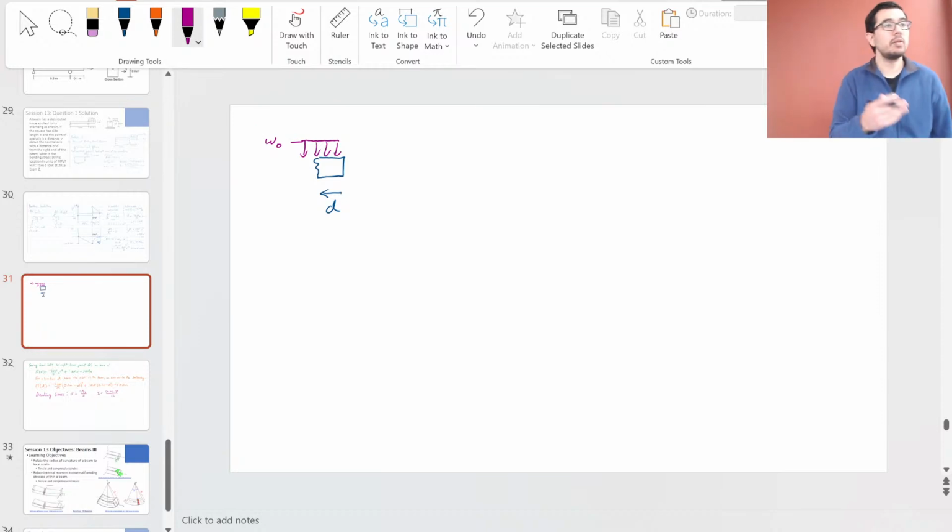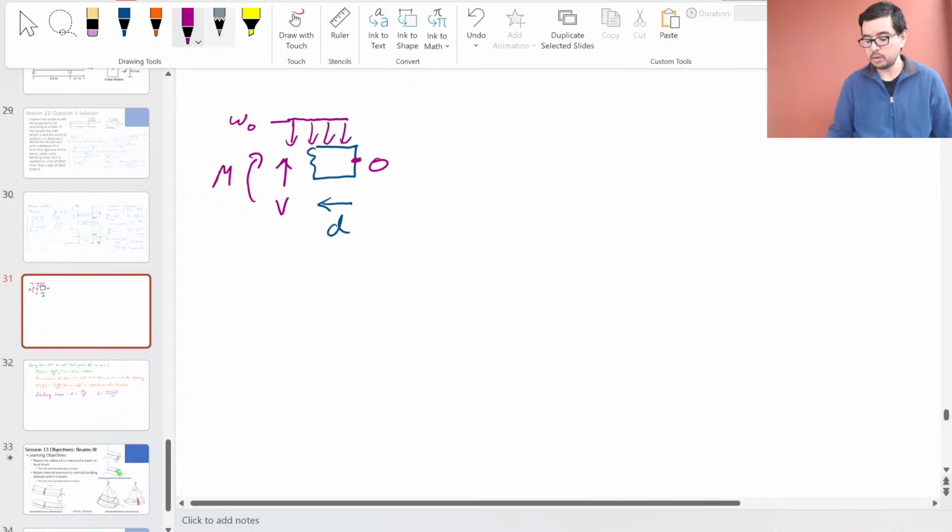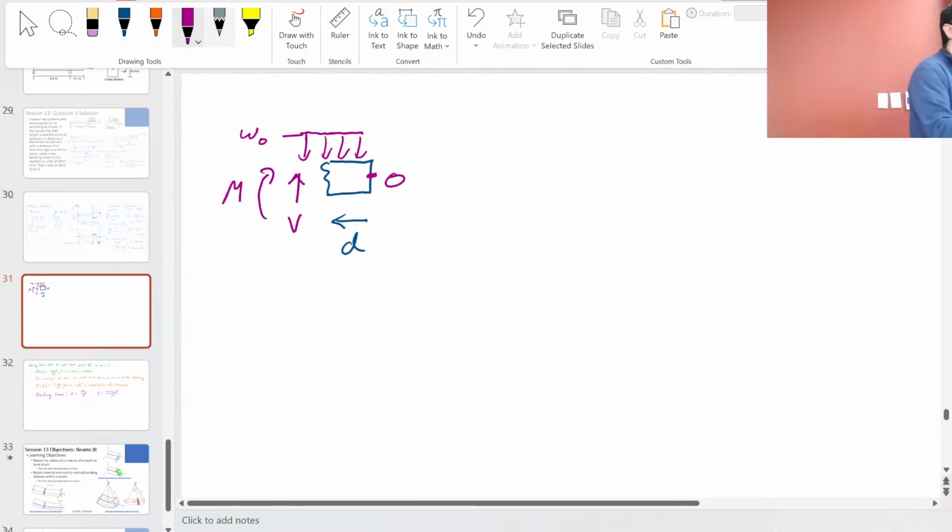So if we do our equilibrium at this location, O, we're going to draw a V, we're going to draw an M, like we see there. Okay, we're going to draw these. We agree with these conventions for the V's and the M's. Okay, so if we do equilibrium in the y direction, what is V equal to?